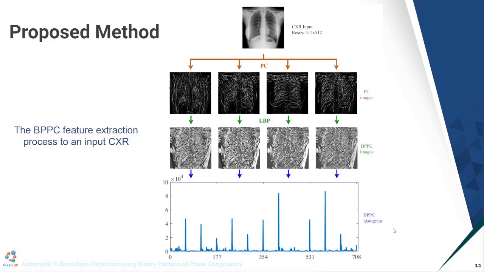For each, the same number adopted in Turin et al. 2018, 177 bins, was used so that the final vector has 708 features. The BPPC feature extraction process is shown in this figure with an input CXR image, its 4 PC images, followed by the corresponding BPPC images and, finally, the BPPC histogram representing the extracted features that will be used as the input of our NN model.